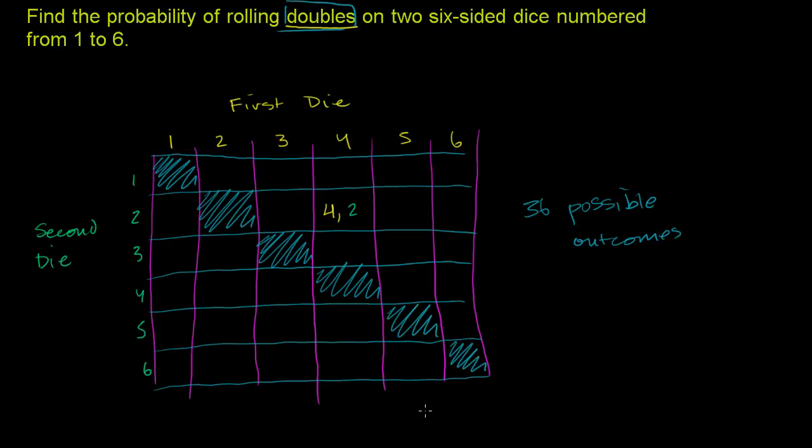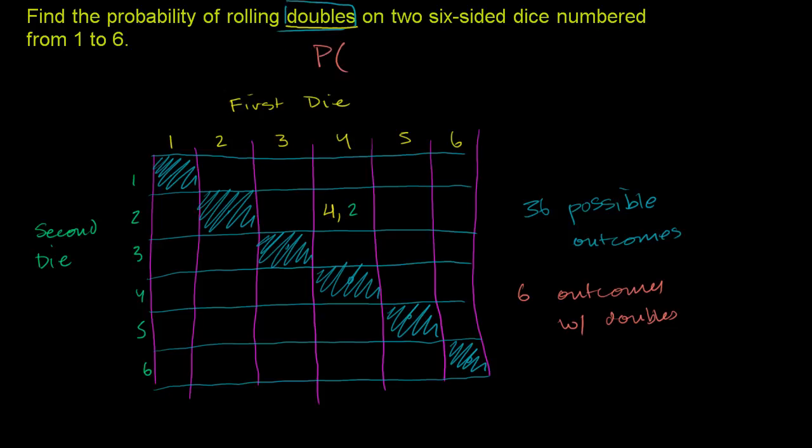So how many of these outcomes involve us getting doubles? It's 1, 2, 3, 4, 5, 6 outcomes. So there's 6 outcomes with doubles.